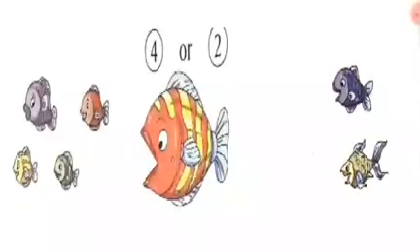So, the first example is related to greater than. Look at this hungry big fish. It is very hungry, so its mouth is open wide. It has 4 fish on one side and 2 on the other. But the big fish opens its mouth to eat the greater number of fish.